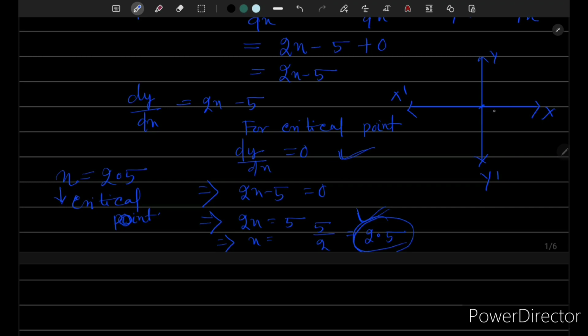This is the origin where x and y equal 0. Then x equals 1, x equals 2, x equals 3, and this is x equals 2.5. I can draw the picture like this.